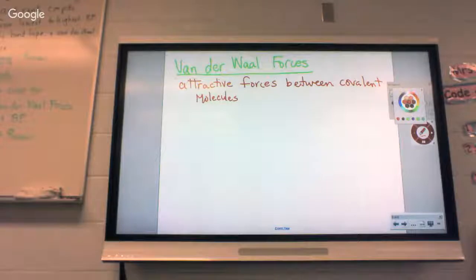No ionic, no metallic. Only covalent. Secondly, attractive forces. So I want you to envision sort of like magnets. So they're sticking together, but are they staying stuck together? No, you can easily pull them apart, which is why they're going to be easy to boil.